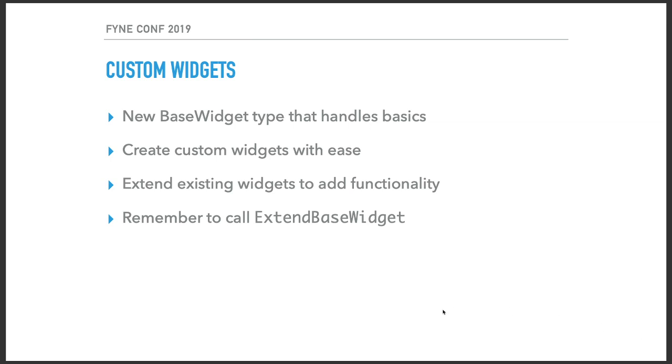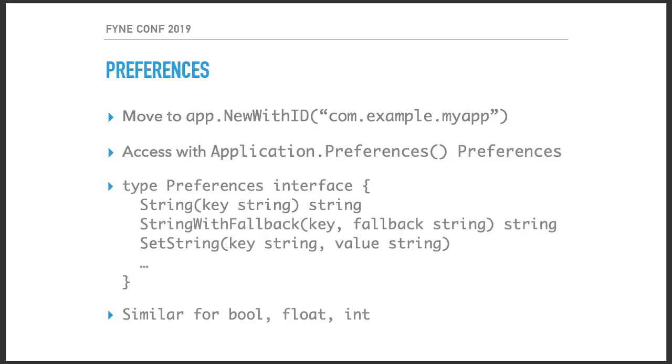As well as custom widgets, we wanted to provide some storage for your applications. So we've made it possible to do exactly that. To utilize the Preferences API, we're needing a new application instantiation called new with ID.